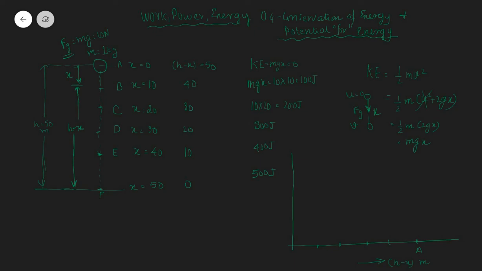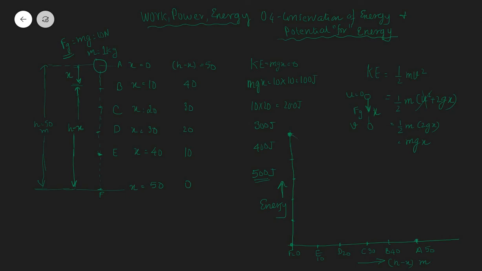At A it is 50 meters, at B 40, at C 30, D 20, E 10, and F 0. As it reaches F, you get the maximum kinetic energy, which is 500 joules. And at A, it is the minimum, which is 0.